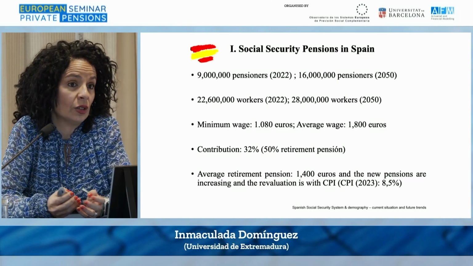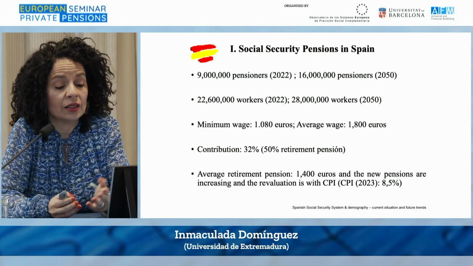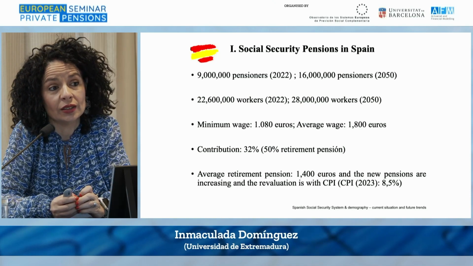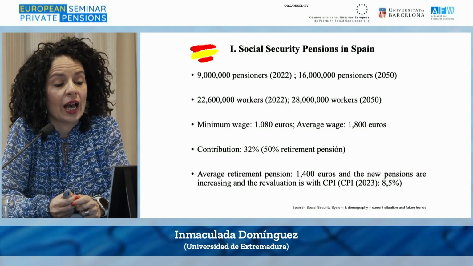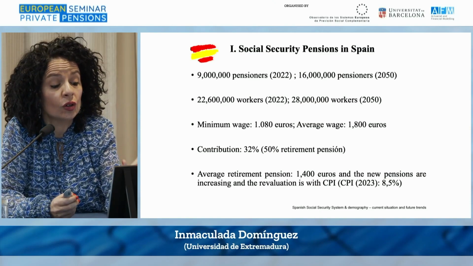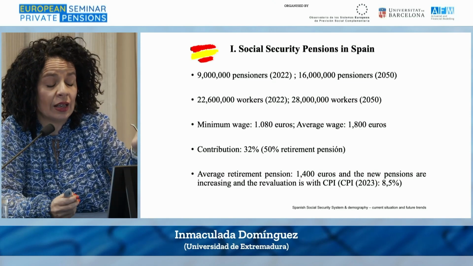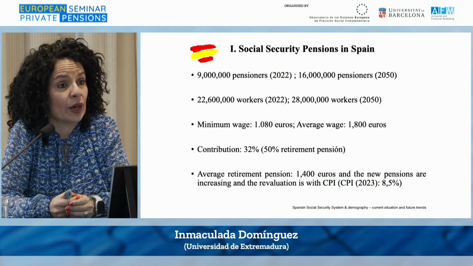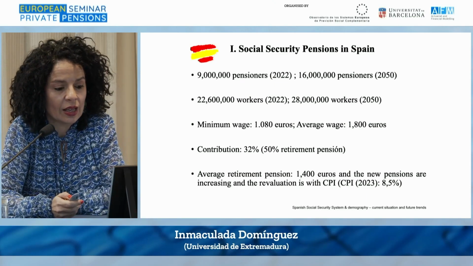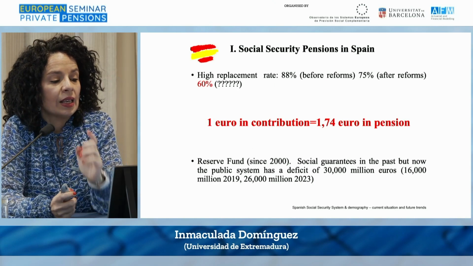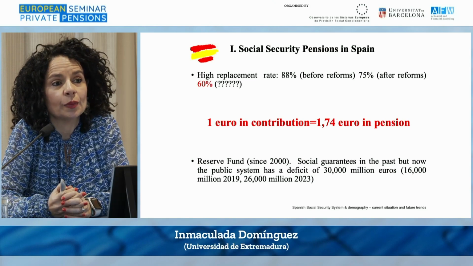As you know, in all of Europe and in Spain, in the last year the CPI was 8.5%, and the pension increased this year by this amount. If you look at the average wage or the minimum wage, the medium pension is higher than this amount, and this is a first situation like a problem. Another very important figure is the replacement rate.